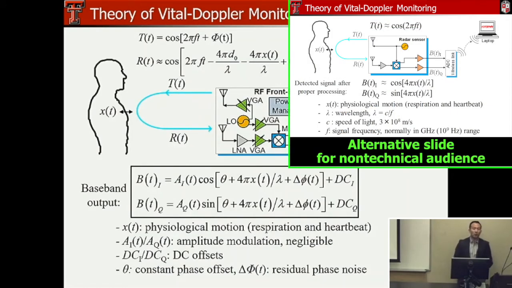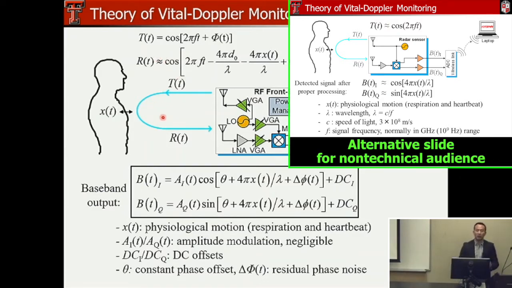The theory behind that is quite straightforward. We have a radio frequency transceiver sending out a radio frequency signal that is not modulated. T of t represents the transmitted signal, and f is the carrier frequency. Once the signal hits a human subject, it's bounced back, so the received signal will have a delay compared with the transmitted signal.